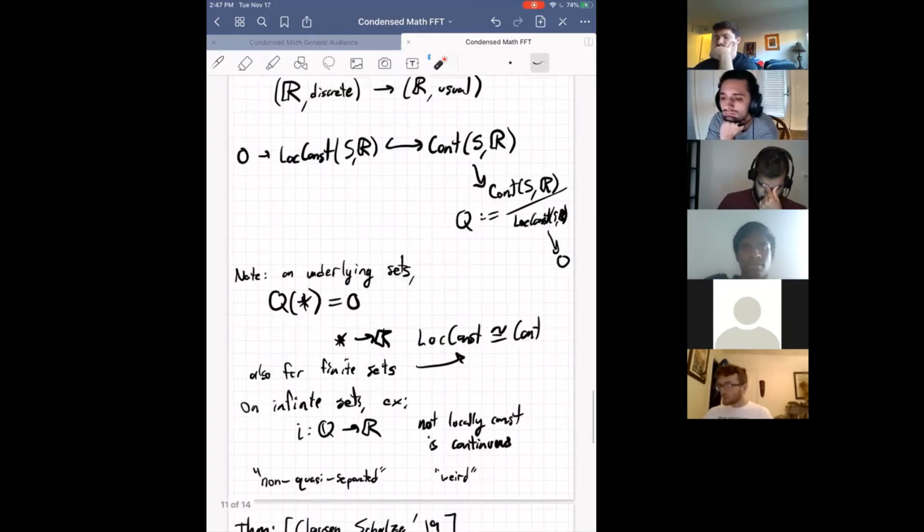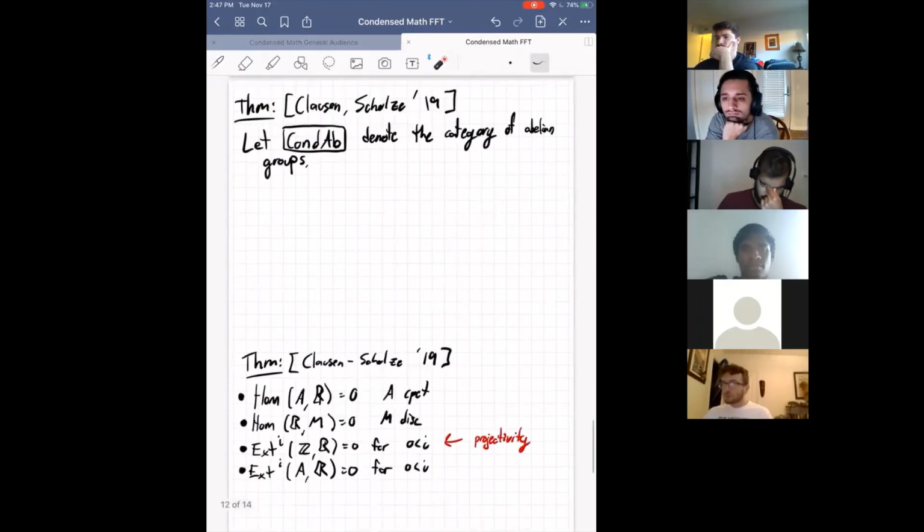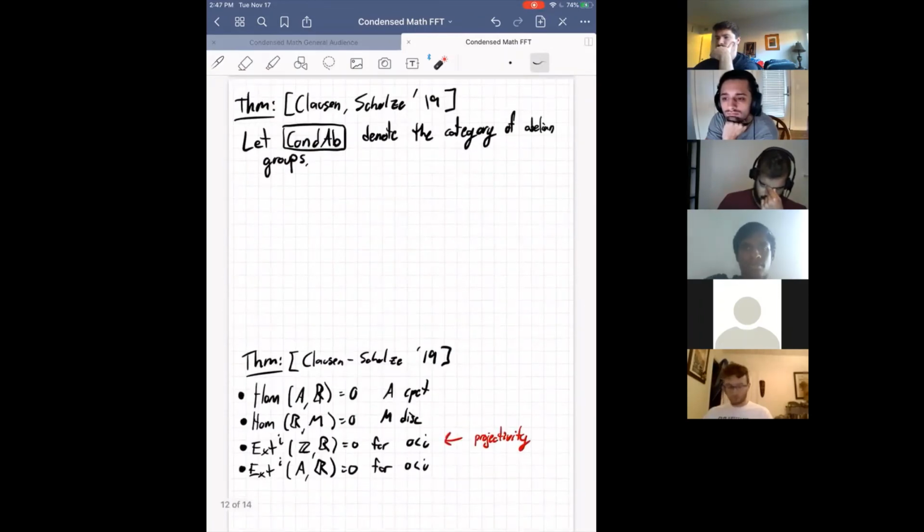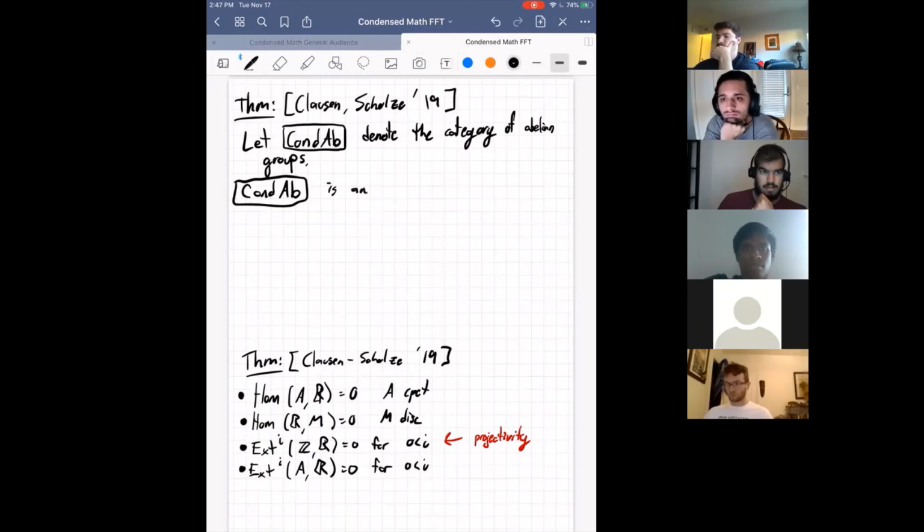So let me go now. So Clausen and Scholze, who are some of the people behind condensed mathematics, have shown that the category of condensed abelian groups is an abelian category.